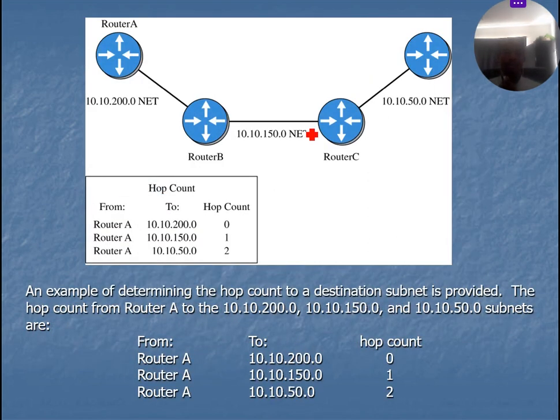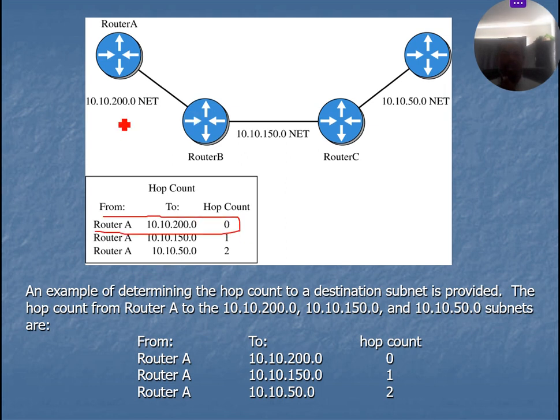Okay, so here, let's say we have router A. You can see the IP subnet is 10.10.200.0 between A and B, between B and C is 10.10.150.0, and between C and D is 10.10.50.0. For this one, the hop count is 0 for A. Why?